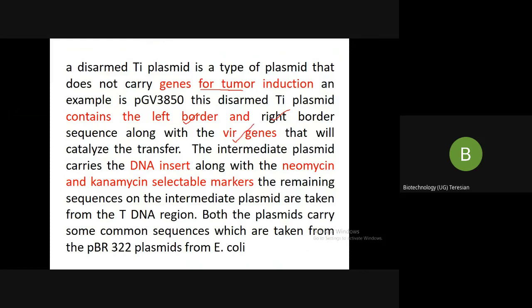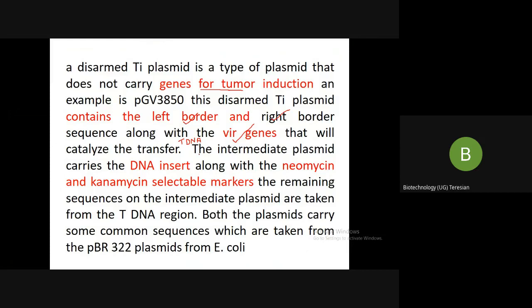So what is the function of this Vir gene? It will catalyze the transfer of your tDNA, that is the transfer DNA. Where is this transfer DNA present? It is present in the Ti plasmid, that is the tumor-inducing plasmid. Where is your Ti plasmid present? It is present in my Agrobacterium. So this is about the disarmed Ti plasmid.